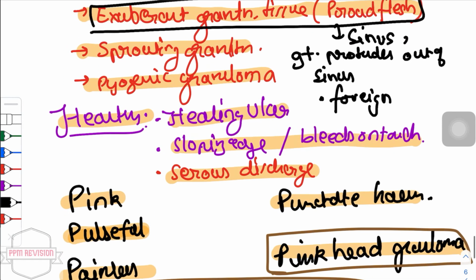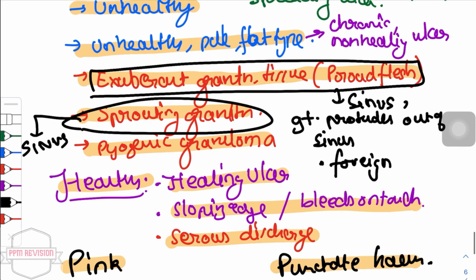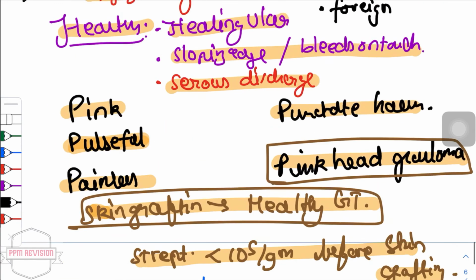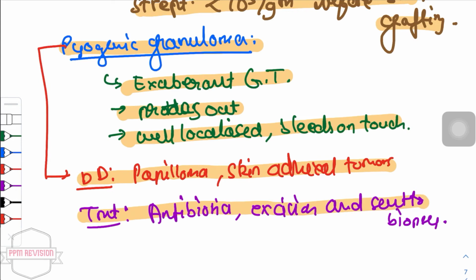Next, sprouting granulation is associated with sinus, and we have already spoken about pyogenic granuloma. Summarizing pyogenic granuloma, it is a type of exuberant granulation tissue. It protrudes out, is granulation tissue from an infected wound or ulcer bed, is well localized, and bleeds on touch. Differential diagnosis is papilloma and skin adnexal tumors, and treatment is antibiotics, excision, and then you send it for biopsy.